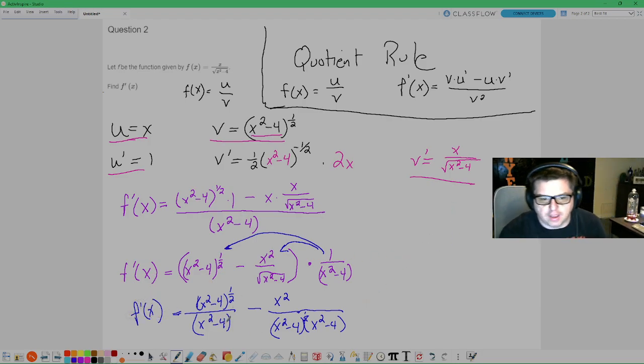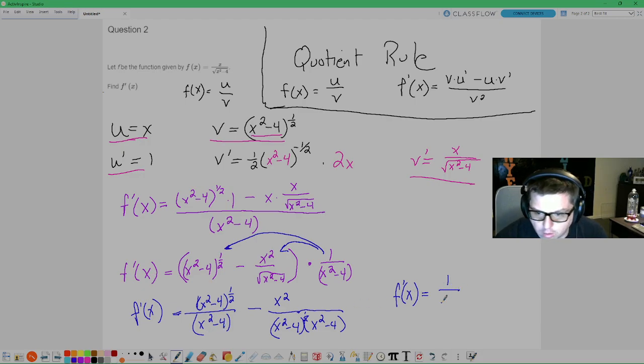When we have exponents multiplied together, we want to add the exponents. When we have exponents divided by one another, we want to subtract them. So when I do this, if you really want to think about it that way, I could break this up into x squared minus 4 to the 1/2 power times the 1/2 power. So I could have two sets of these because a half and a half add together to make a whole, so that one of them cancels out.